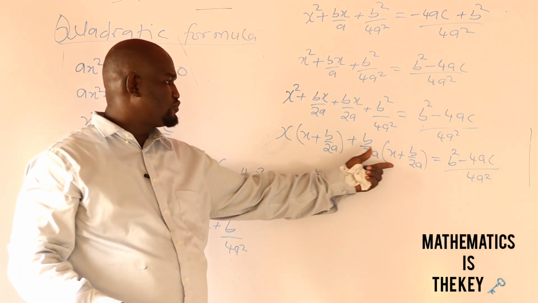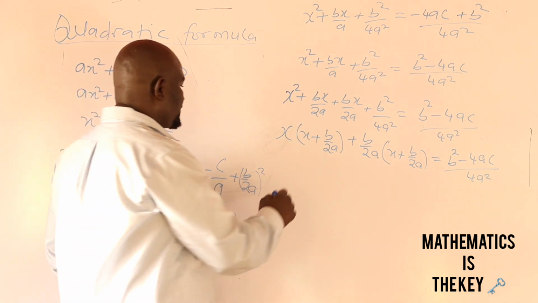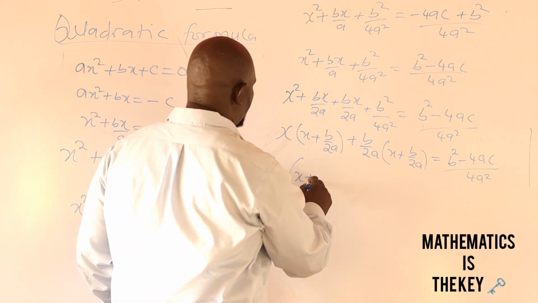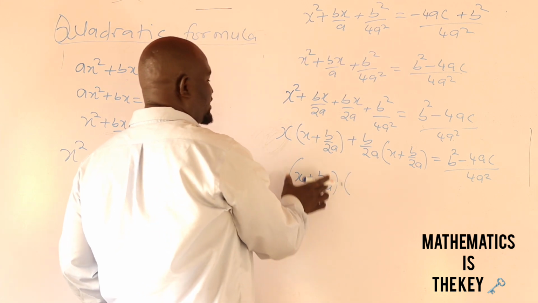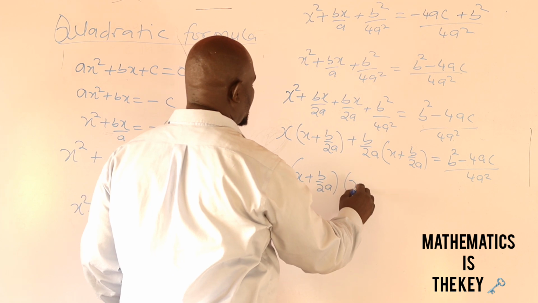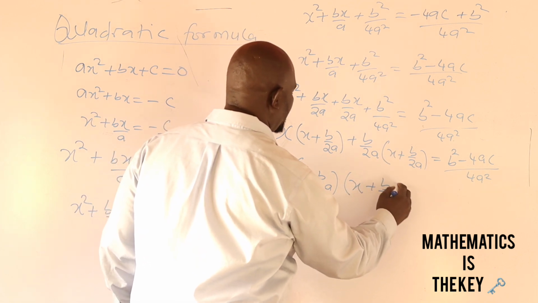x plus b all over 2a is common to these 2 terms. We can factorize it as well. So we'll have x plus b all over 2a in the bracket. On this side we have x left, and on this side, we have b all over 2a left.